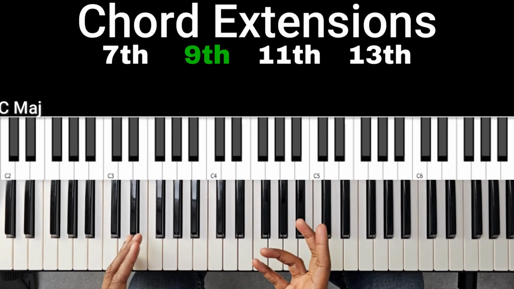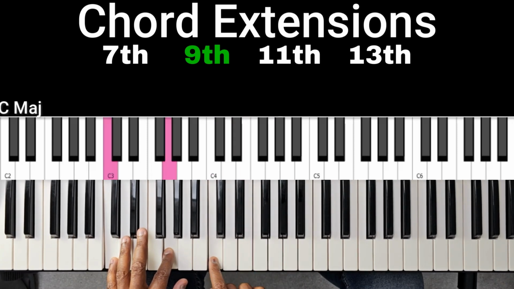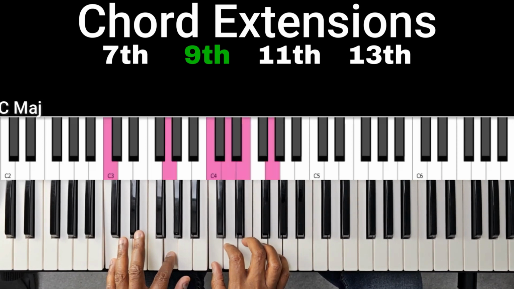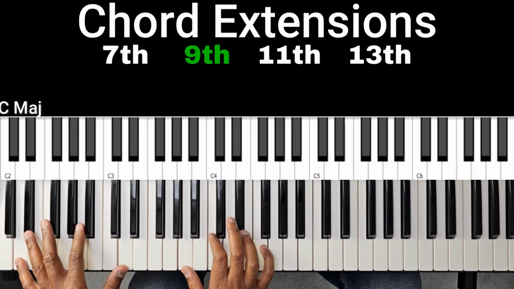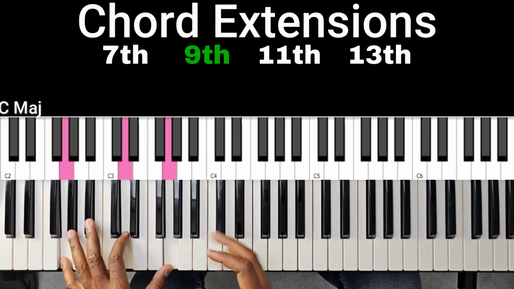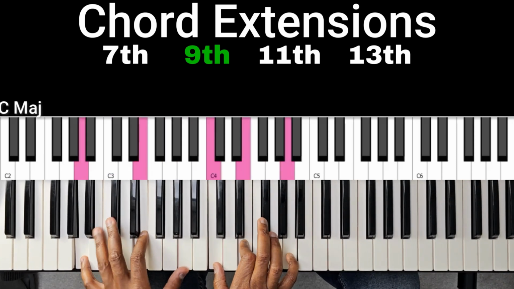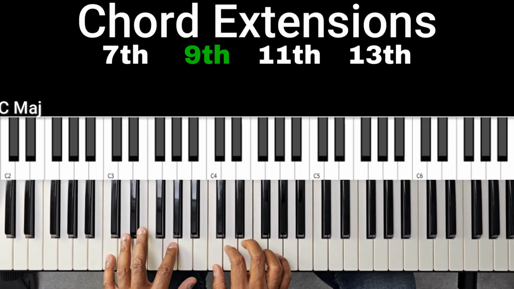For the 9th, I could voice it like this. It looks a bit strange when I play these 3 together, but it sounds nice. And I can alternate between the 7th. It's just a chord progression. And then the 9th.